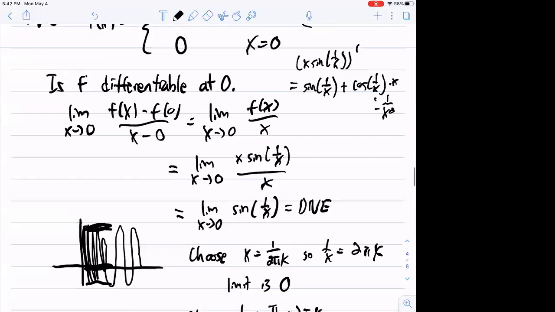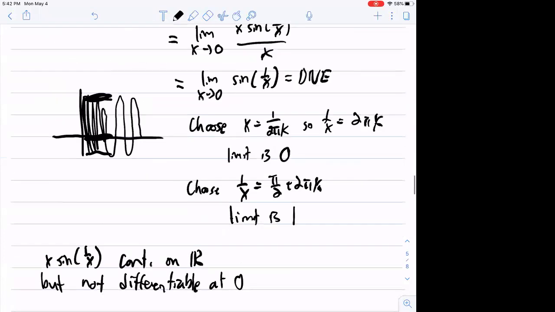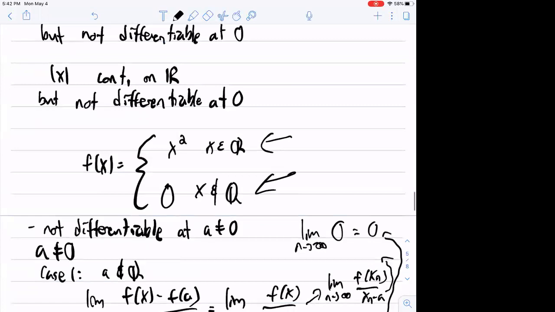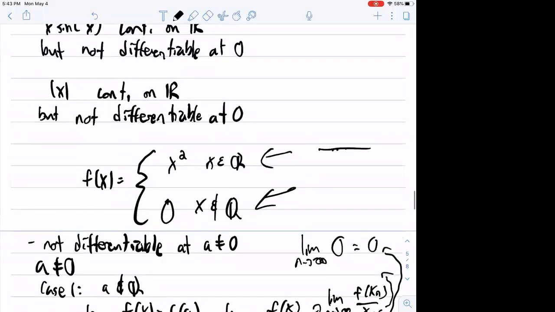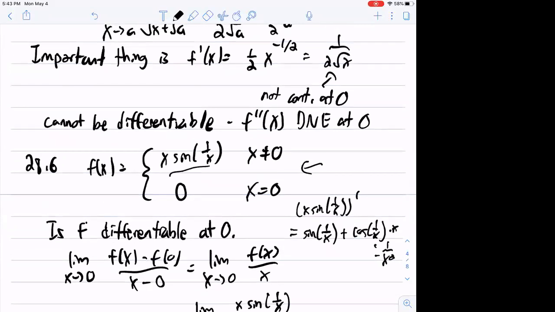Because here it's true on some interval, not at 0, but the other one is too spread out, right? Given two rationals, there are infinitely many irrationals inside, and given two irrationals, there are infinitely many rationals. So you can't really just take the derivative there, but here you sort of can, because it's just this function outside of 0.